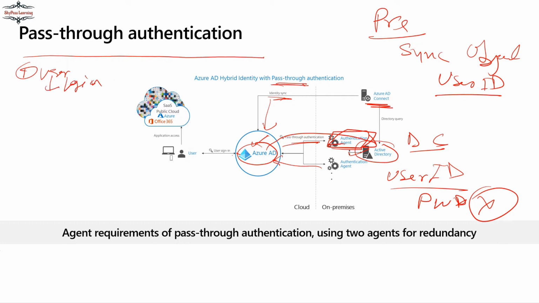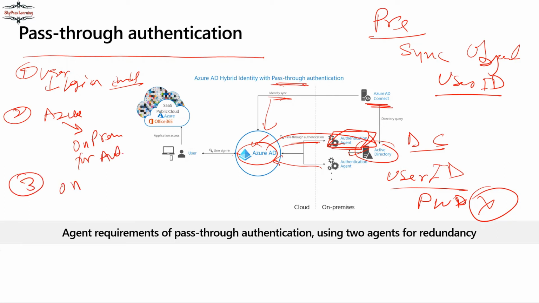Suppose the user wants to access their emails. So the user sends a request as step number one. Step number two, it will reach out from Azure AD to on-prem, sending it for authentication. If the authentication is successful, the result returns from on-prem to Azure AD once again. Next step, the user is able to access the service.